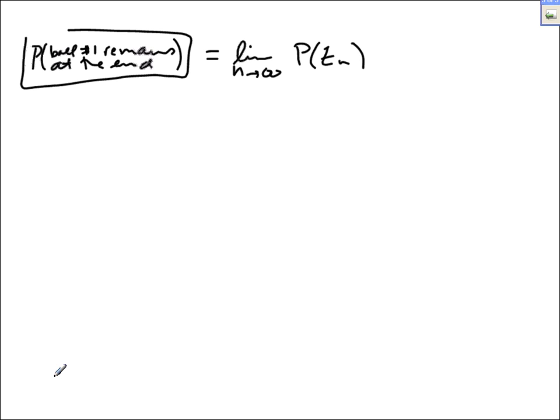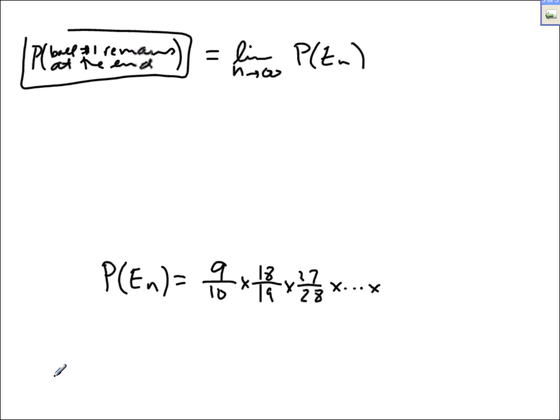Okay, but we also knew that the probability of E sub n was 9 over 10 times 18 over 19 times 27 over 28 all the way down to 9n over 9n plus 1.